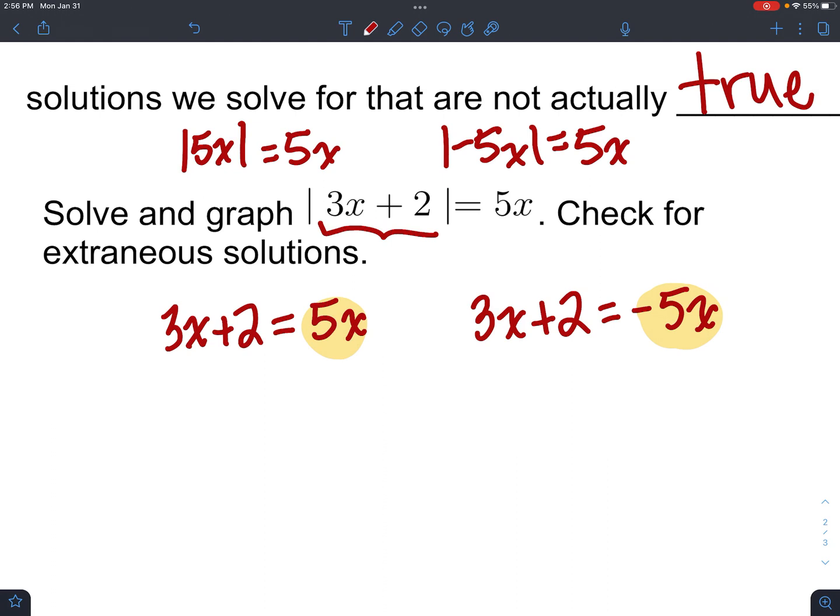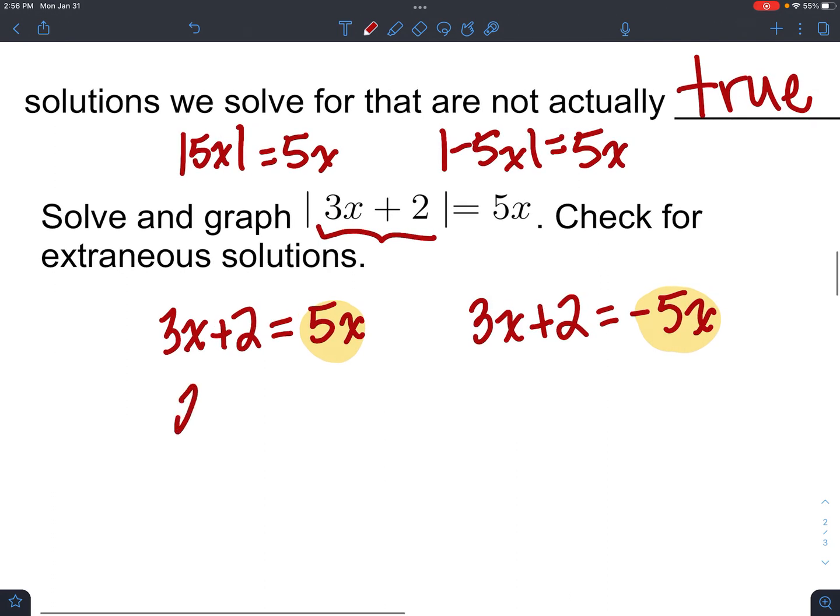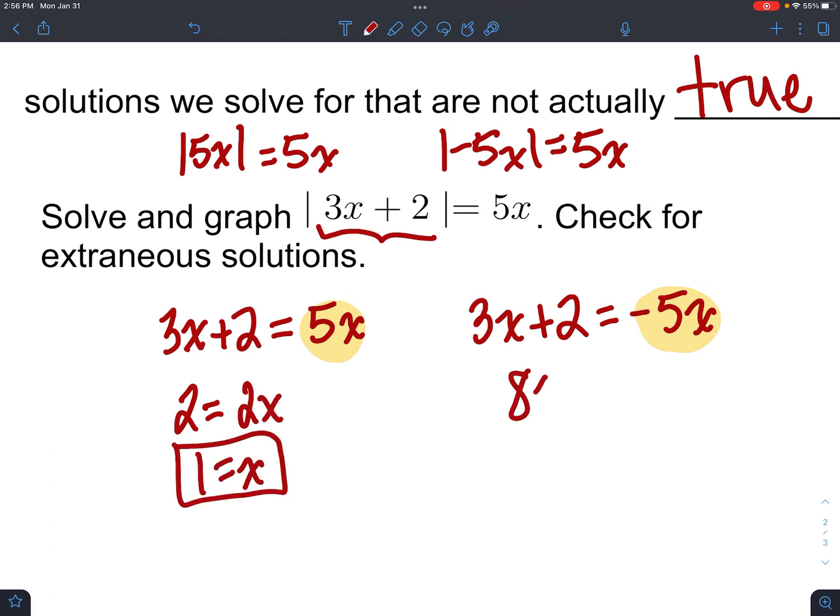It's not a perfect way of solving. When we solve a regular equation, we know that's the answer. But because this technique isn't perfect, we do have to check, because if we get negative answers, you'll see why it doesn't make any sense. But go ahead and solve.